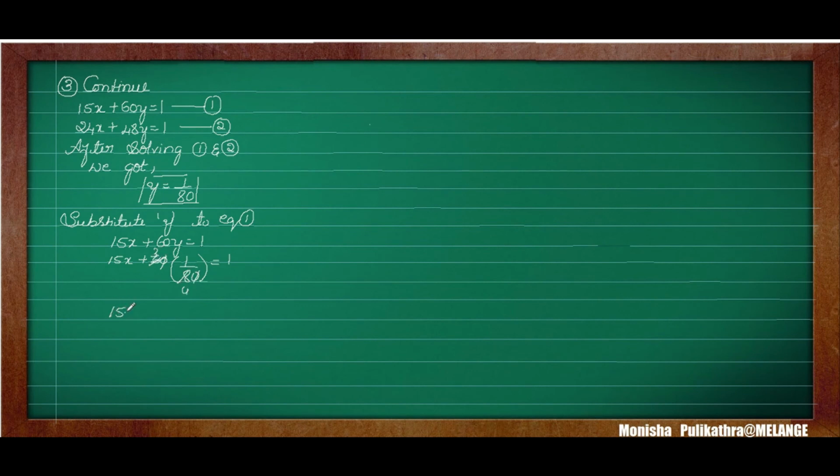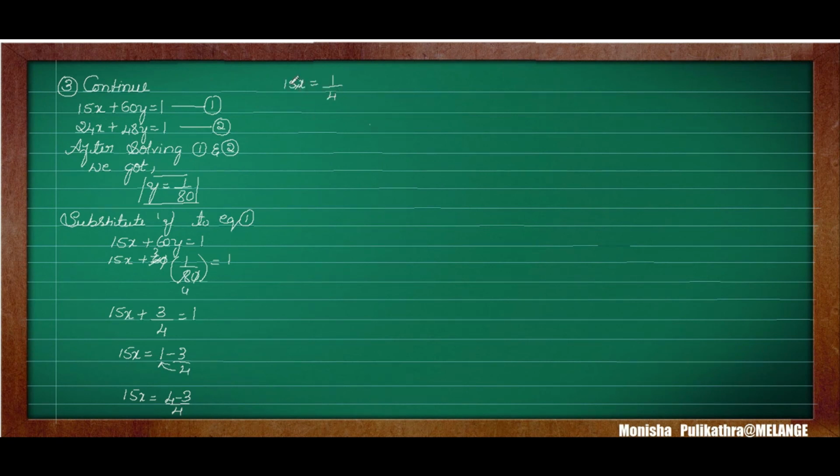So remaining will be 15x plus 3 into 1 is 3 divided by 4 is equal to 1. In the next step, 15x is equal to 1 minus 3 by 4. So it will become 15x is equal to 4 minus 3 whole divided by 4. So it will become 15x is equal to 1 by 4.